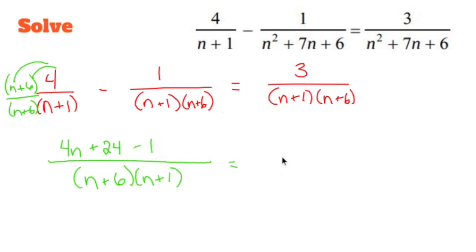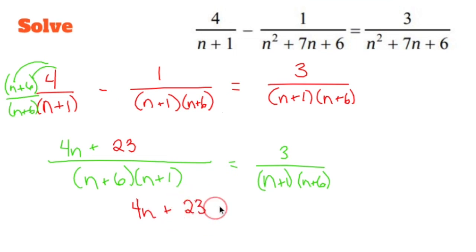That's going to equal 3 over n plus 1 in parentheses, n plus 6. While I'm here, what I'm going to quick do is I'm going to quick erase 24 minus 1 and make that 23, just so that I don't have to rewrite so much. And since these two denominators are the same, okay, I don't need them anymore. So that leaves me with 4n plus 23 equals 3.